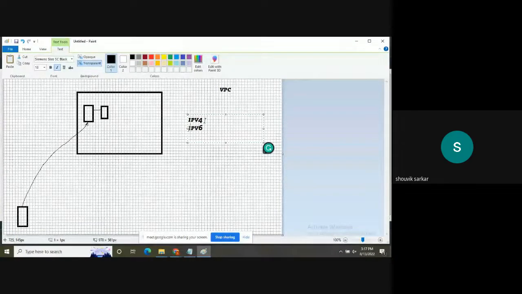What is IPv4? Any idea? How many bits are there in IPv4?